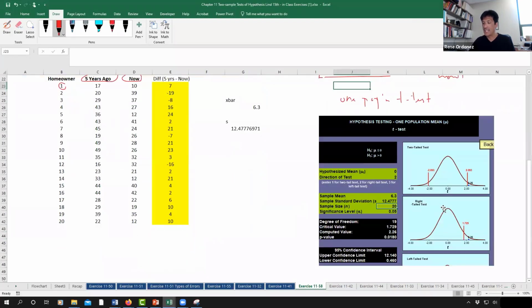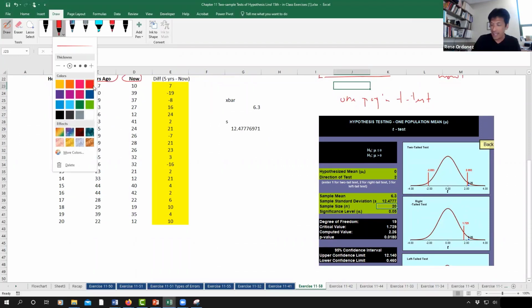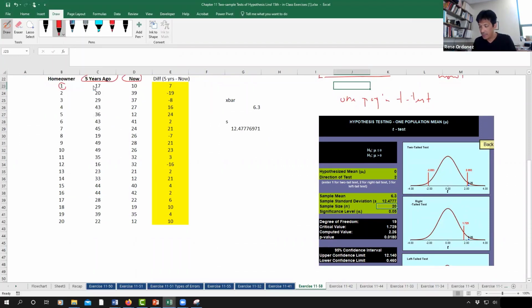If we look at the p-value generated by the data, here's the p-value. Okay, so the p-value is equal to 0.018, and we assumed an alpha of 0.05.